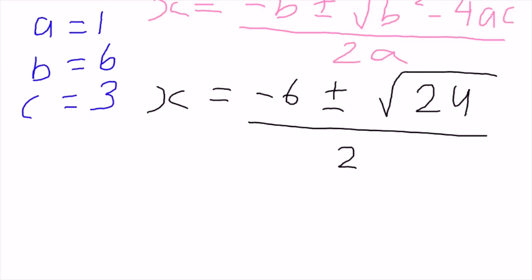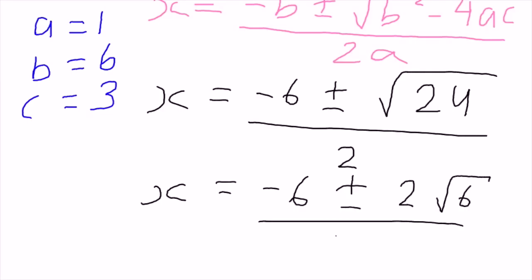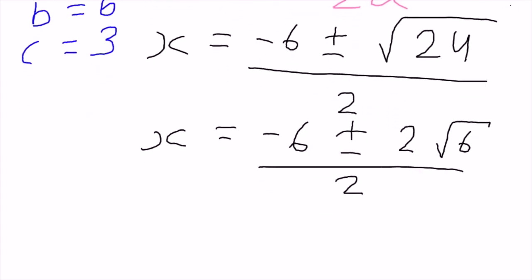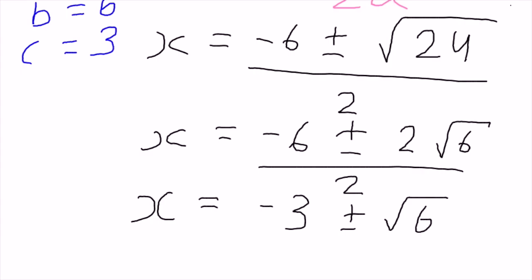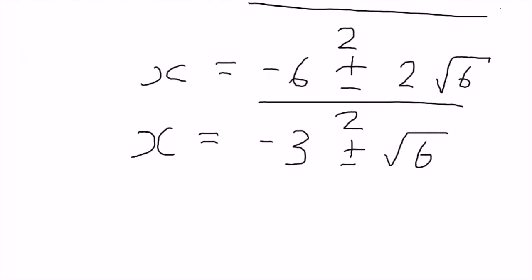Then if we simplify this, we get x is equal to minus 6 plus minus 2 root 6 over 2. And if we take out the highest common factor between the expression, we get x is equal to minus 3 plus minus root 6. As you can see, the two solutions are x is equal to minus 3 plus root 6 and x is equal to minus 3 minus root 6.